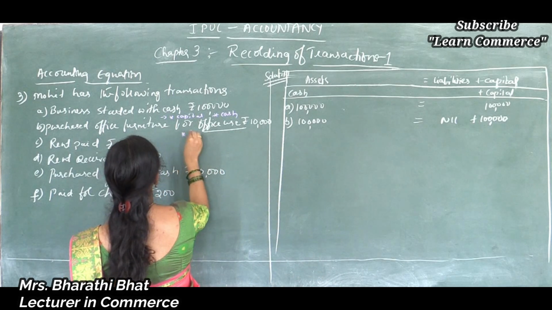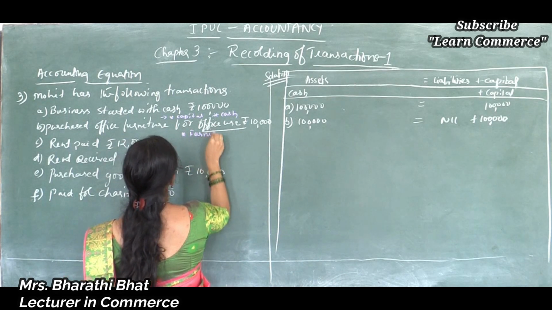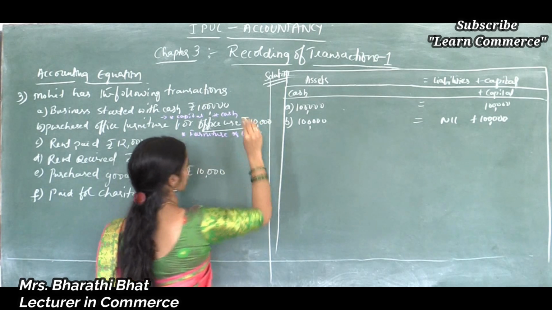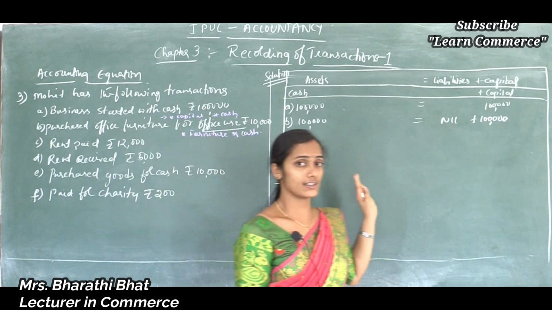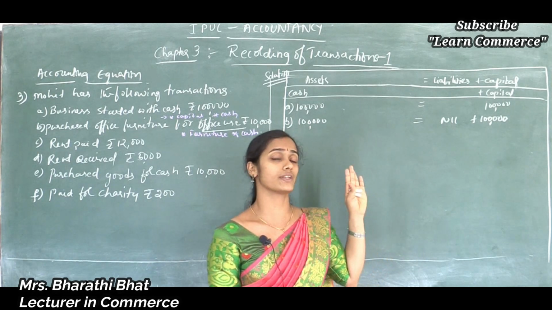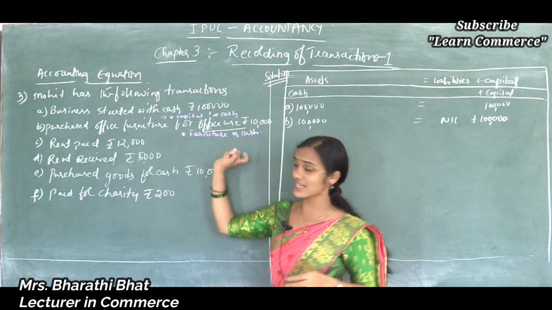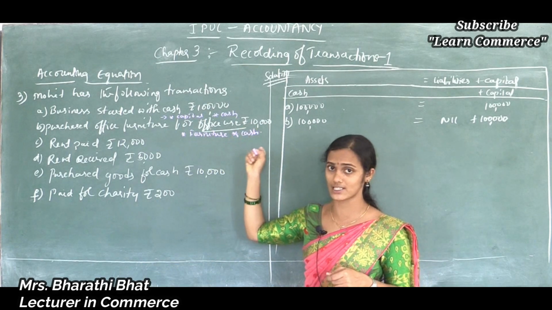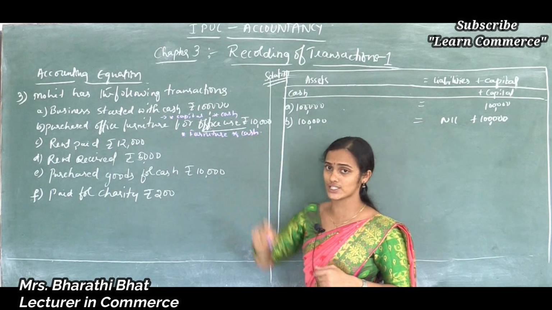One is furniture, another one is cash, what we have to pay. If credit is not mentioned, or if there is no person's name, then you should consider the transaction as a cash transaction. So furniture and cash are affected here.